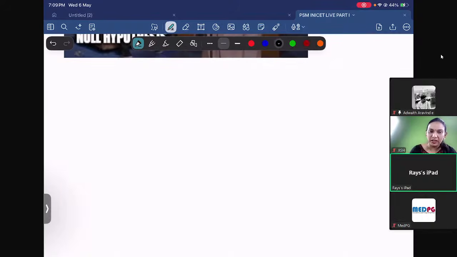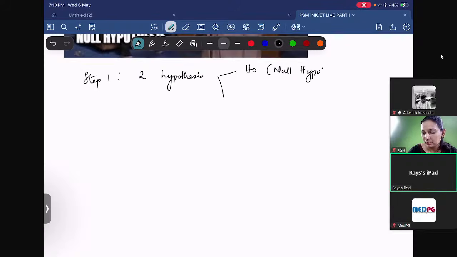So step one, any study you are going to do: you start with two hypotheses. One is H0, or what you call the null hypothesis. The next one is H1, or your alternate hypothesis.